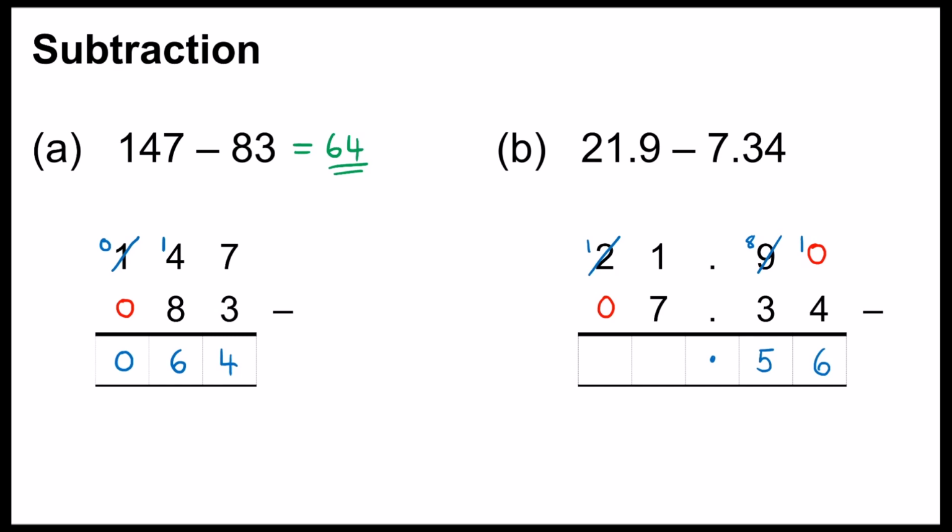And taking 1 from my tens into my units will turn the 1 into 11. Now I can finish off working out my answer. So 11 take away 7 gives me 4, and 1 subtract 0 gives me 1. That means that my final answer is 14.56.